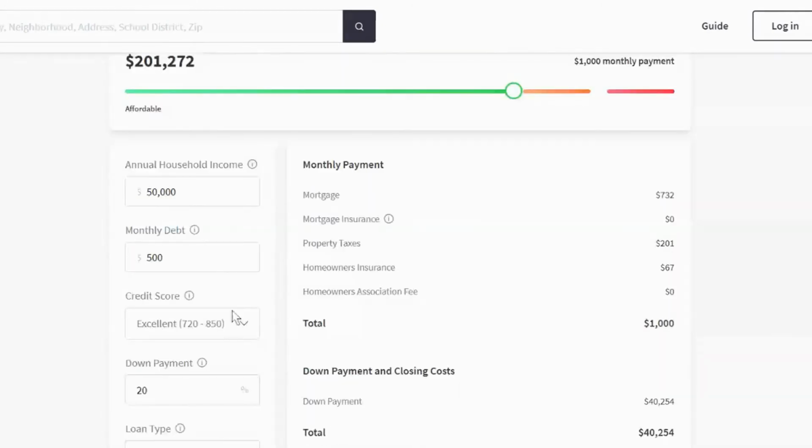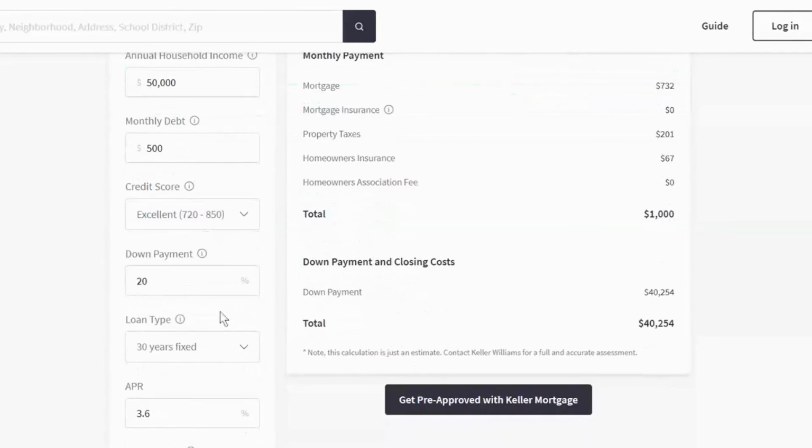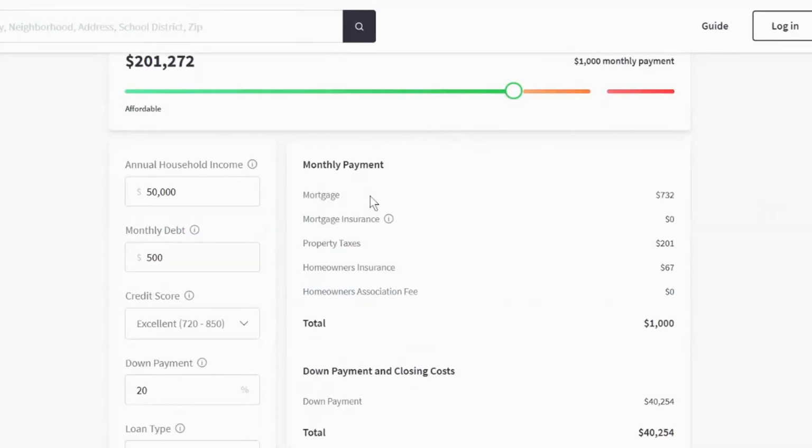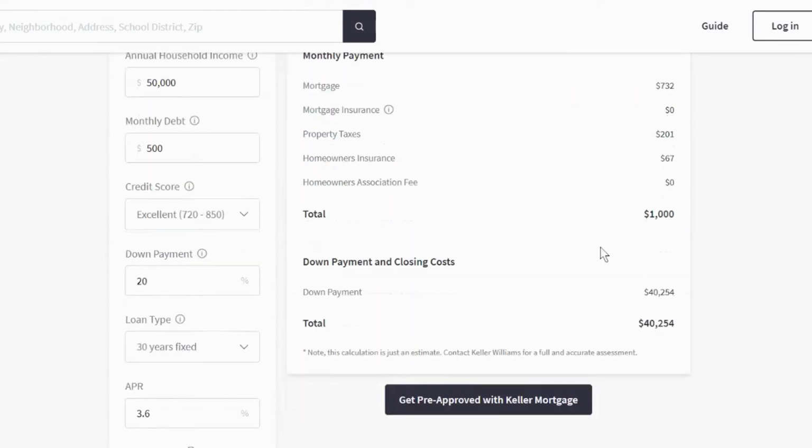So this is interactive and updates dynamically immediately so that you can see that the change in our assumptions produced a $201,000 house with a payment of $1,000. And you can see here that the breakdown of the payment is such that mortgage insurance is no longer required. But your down payment would be $40,000.